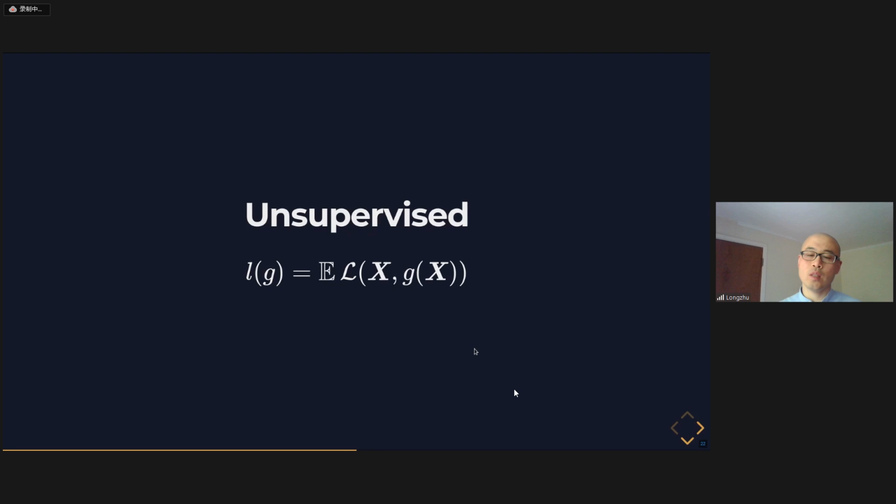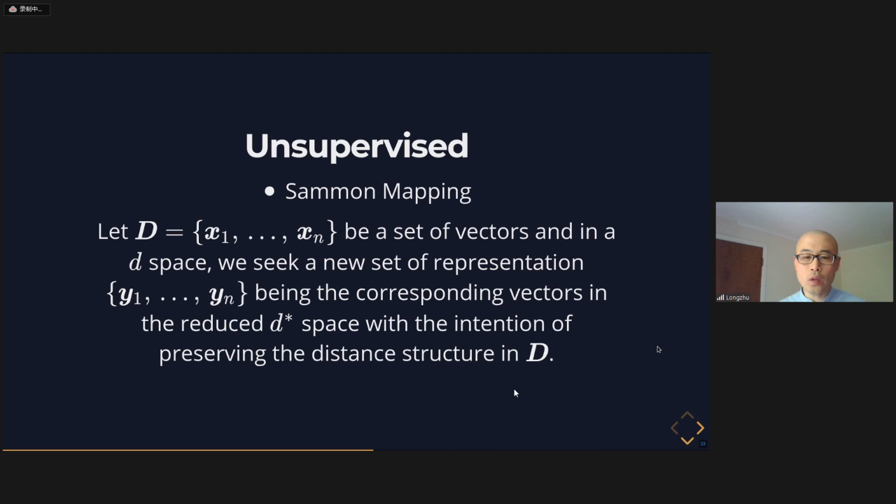Let's just throw in a few more examples regarding unsupervised learning. I think some of you have heard about mapping. It's basically a dimension reduction technique. Suppose you have original data in the data set as a vector, and the dimension for this data set is in D space.